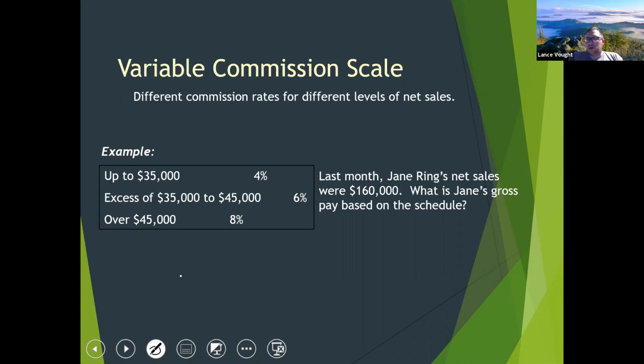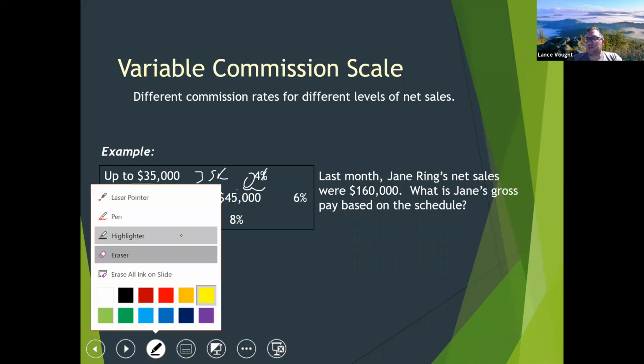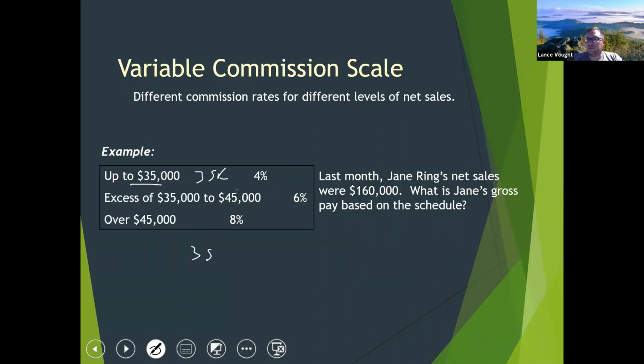So if she's maxed this out, that means that this is going to be 35,000 times 4%. If we want to convert this to a decimal, we got to move over 2 spots. So it's going to be 0.04 times 35,000 is your calculation. First one, so 35,000 times 0.04 plus this next range is only 10,000.